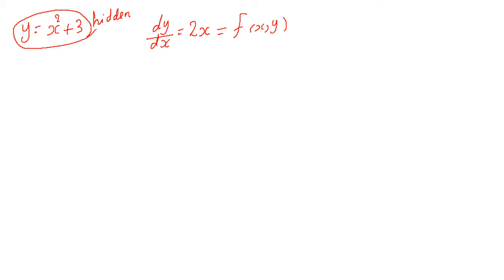Now we know some initial value: at x is equal to 0, y is equal to 3, obviously. We'll represent this information using a table: x, then y. At x is equal to 0, y is equal to 3.